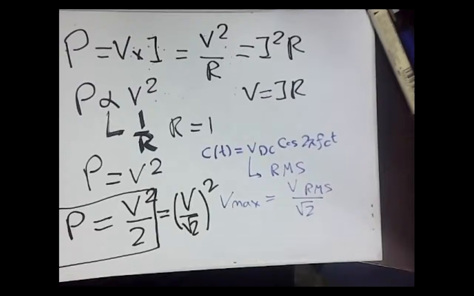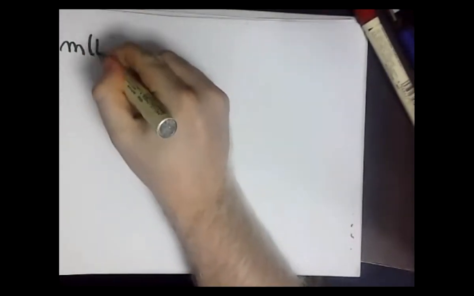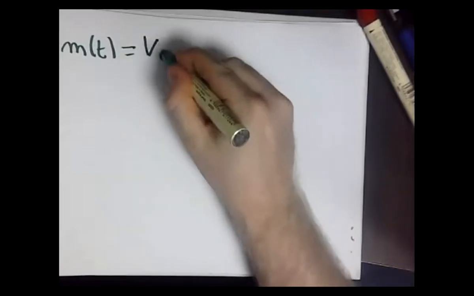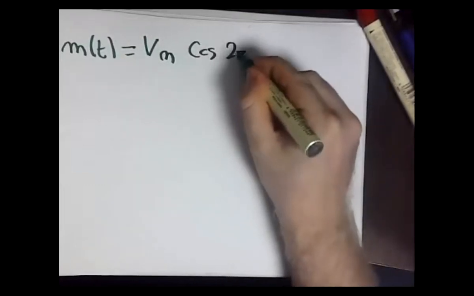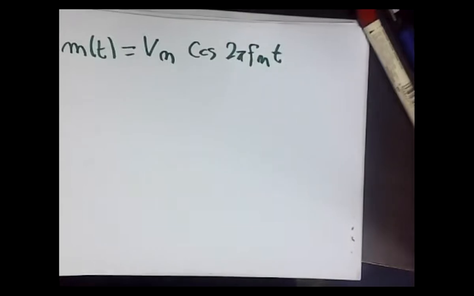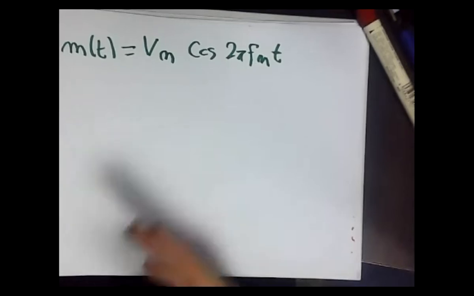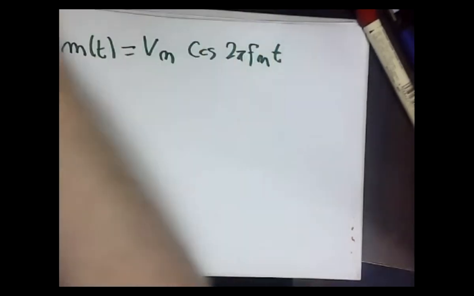Okay, perfect. So this is the first piece of information. What is the second piece of information? If you have an input message signal m(t) equals V_m cosine 2 pi f_m t, and I ask you, please plot the Fourier transform or the frequency spectrum for this sinusoidal signal, you would tell me this is a very easy question.